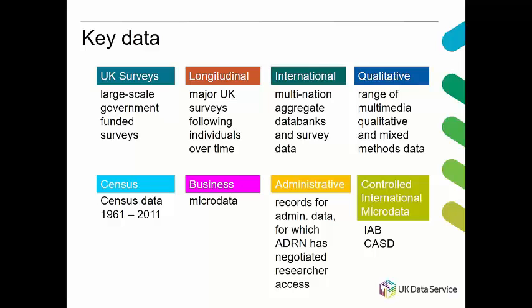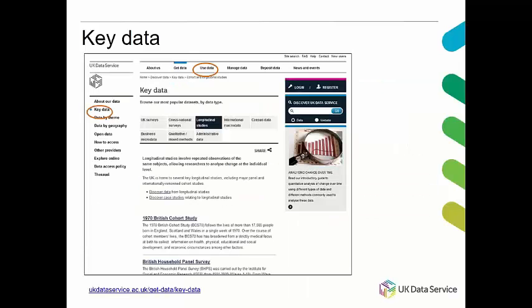And here at the moment we have access to IAB data and CSD data that are German and French controlled microdata. This structure you find on our website. So here you see I have provided the link, and this is a screenshot. When you go to use data, key data, you find then exactly the structure I have just shown you. And in black, you find highlighted longitudinal studies, which is the topic of today.